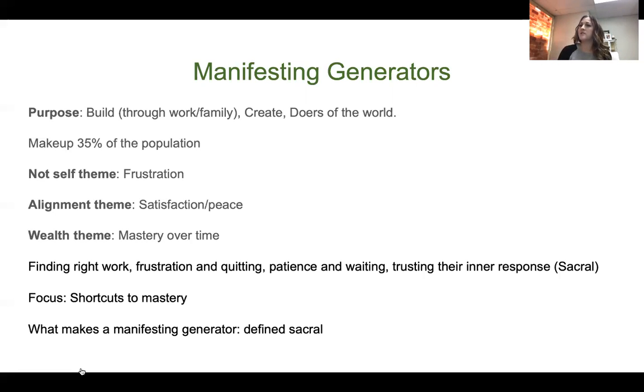Now, manifesting generators, once they find something to respond to and they picture it and they inform, they can initiate to some degree, right? Holly, how would you describe that? It's different. We still don't classify it as initiating, but mechanically in the chart, if you have a motor coming to the throat, you can initiate to some degree. I'm not going to say that types can't initiate conversations, but to some degree you can.